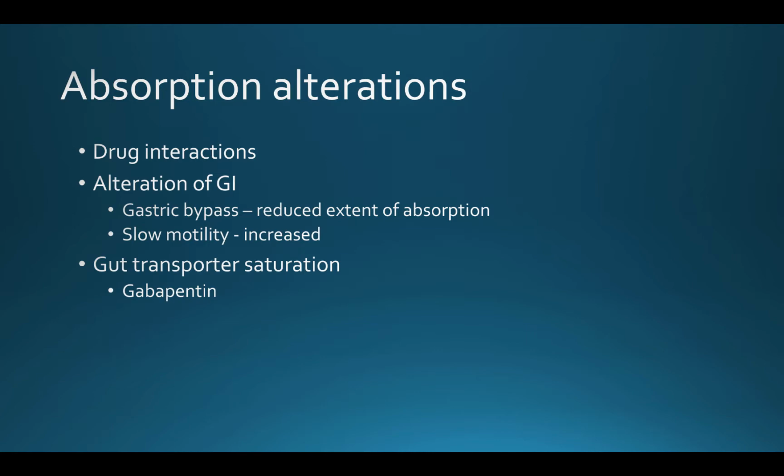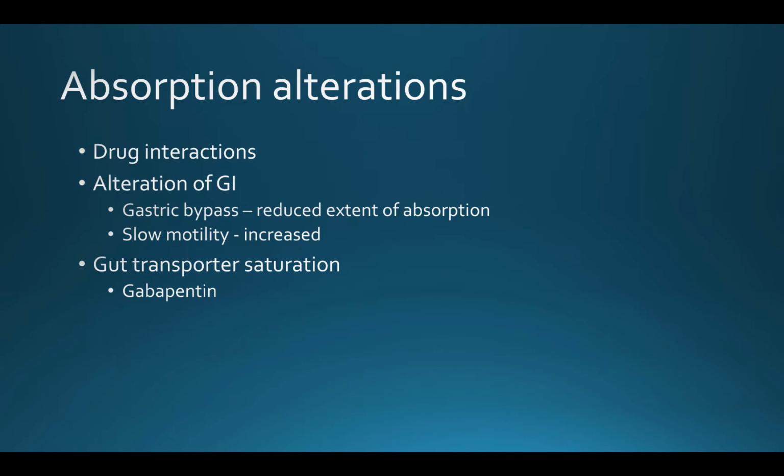Gut transporter saturation. So this is an interesting example. Gabapentin has a dose-dependent absorption issue, where as we get to higher doses, we may saturate that gut transporter. And this can lead to a little less bang for your buck as we escalate doses on gabapentin.